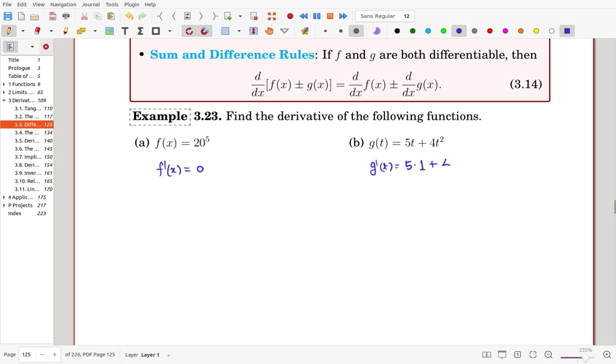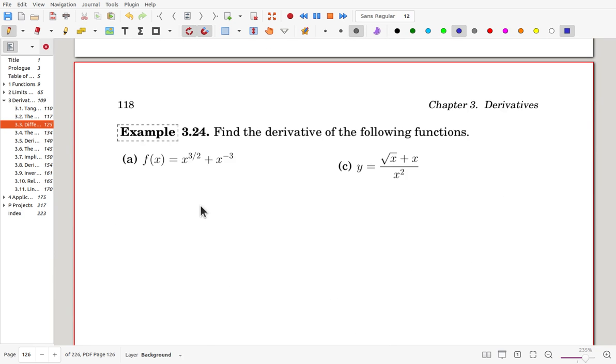And plus 4 times, okay, the derivative of t squared is 2, and t to the 2 minus 1 is t. Okay, so let's try to simplify it. There's 5 and there's 8t. Okay, so that's the final answer.